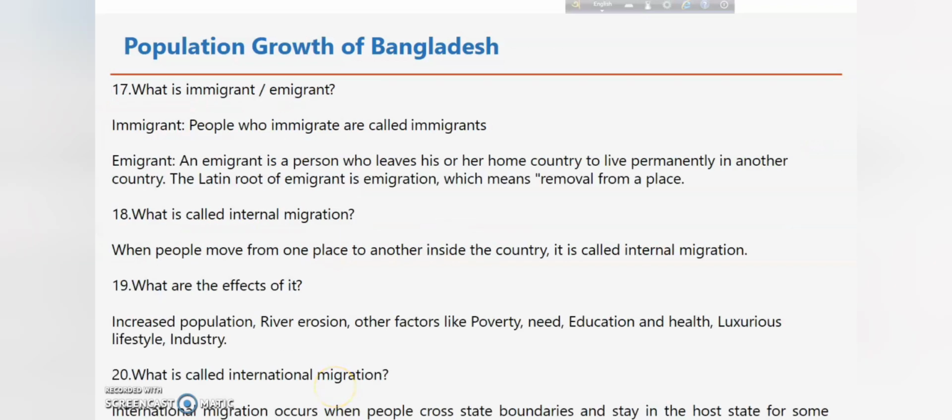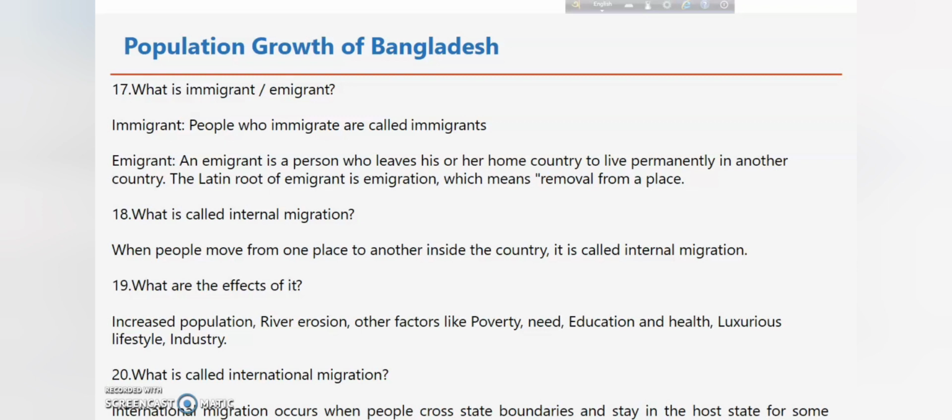My next question, what is immigrant or emigrant? Immigrant means the people who immigrate are called immigrants, and emigrant is a person who leaves his or her home country to live permanently in another country.